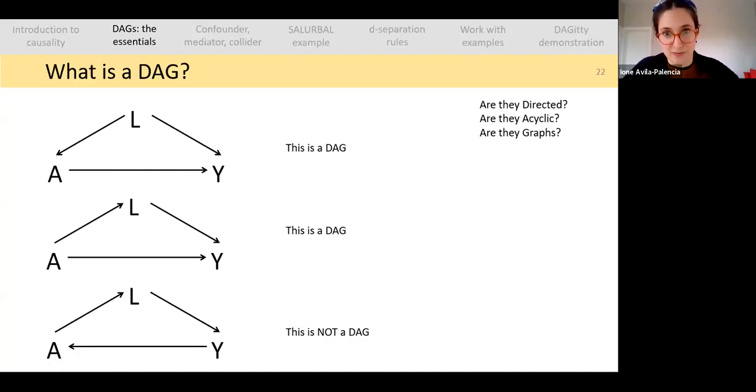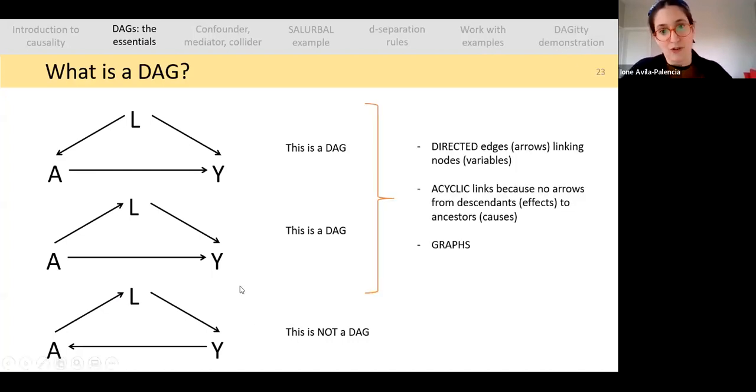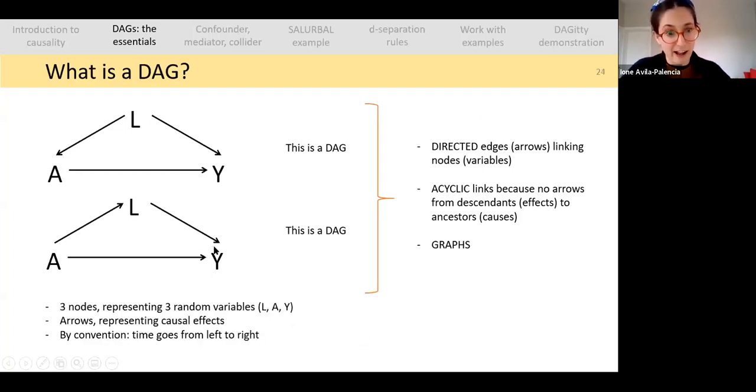So it doesn't make sense in the DAG world. Again, those two are DAGs because they are directed acyclic graphs.